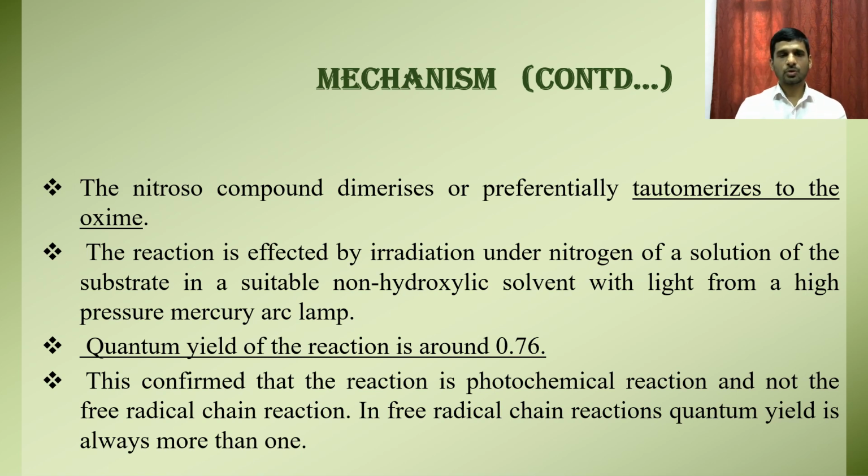Okay, so quantum yield or quantum efficiency of a photochemical reaction gives an idea about the efficiency of the reaction, that is, how many reactants after absorption of light have converted into product. The ratio of the amount of product obtained to that of photons absorbed by the reactant molecule is called the quantum yield of a photochemical reaction.